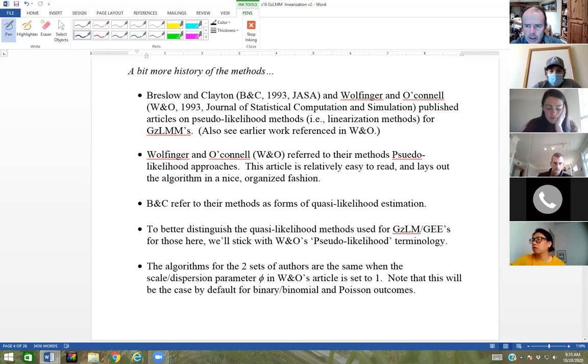And Wolfinger and O'Connell call it pseudo-likelihood, which I like better because we already have quasi-likelihood. We've used that term for GEE models and things like that, so we want to use a different term. That's why we're going to keep the terminology pseudo-likelihood.